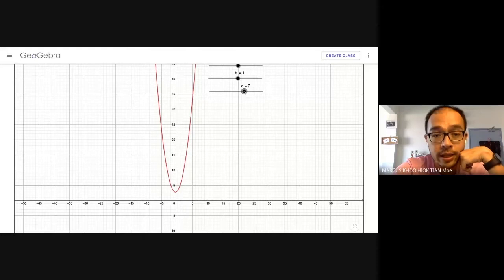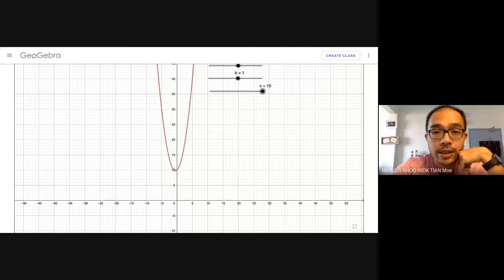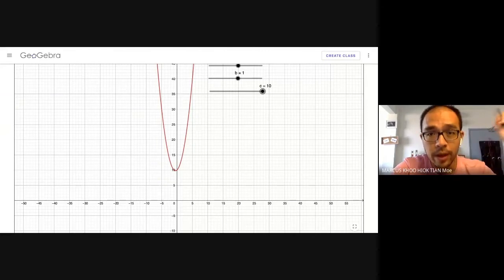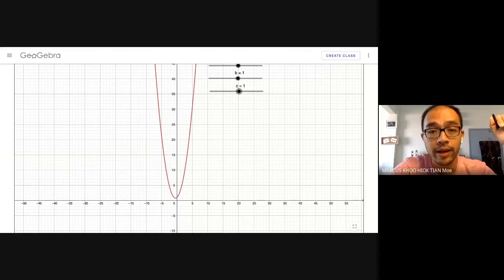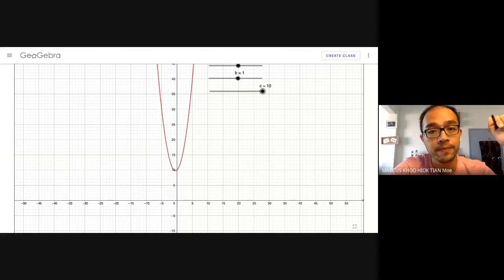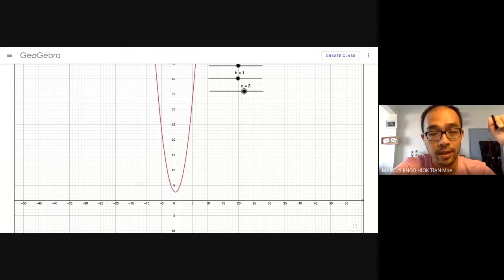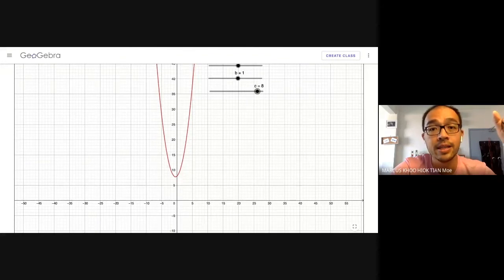Okay, if I increase the C, what happens? What happens to my minimum value when I increase the C? C is 3 is here, C is 5 is here, C is 10 is here.